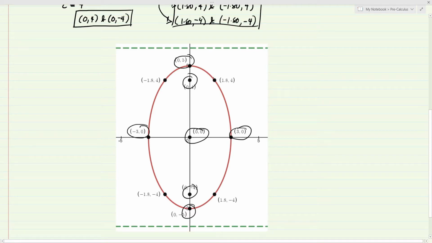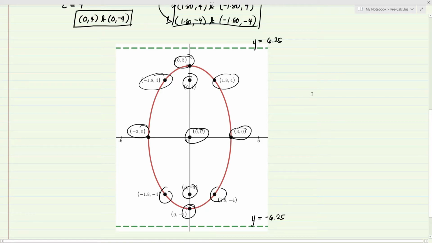And the four endpoints of our latera recta, we have here 1, 2, 3, 4. And last is our equations for the directrices. So the first one here is y equals 6.25, represented by this horizontal dashed line. The second one here is y equals negative 6.25, represented by this horizontal dashed line.